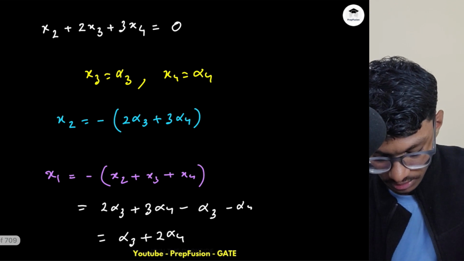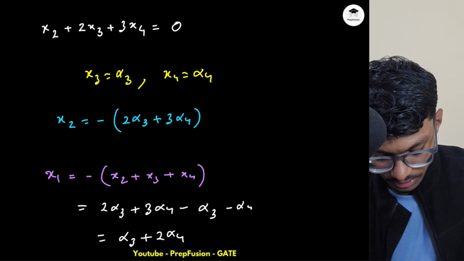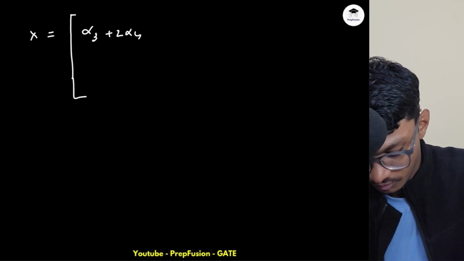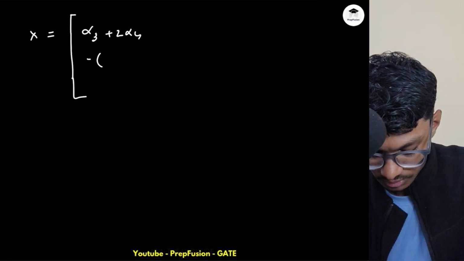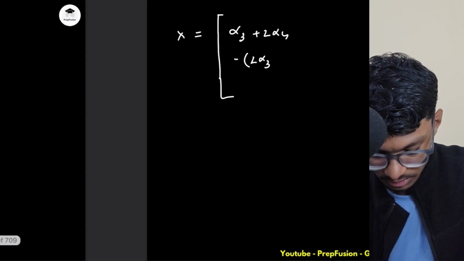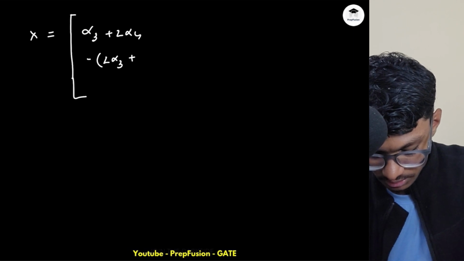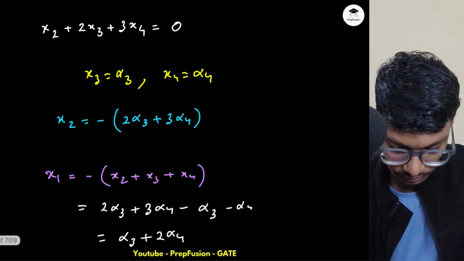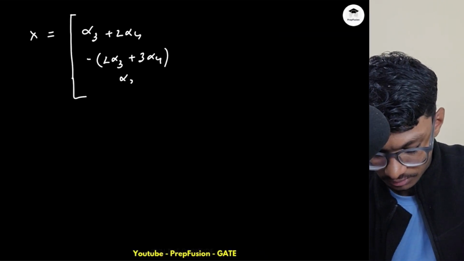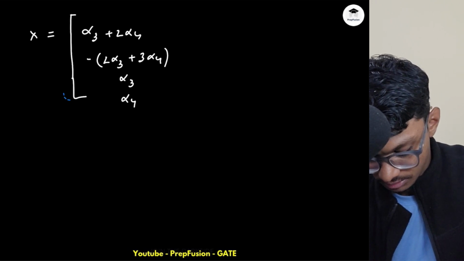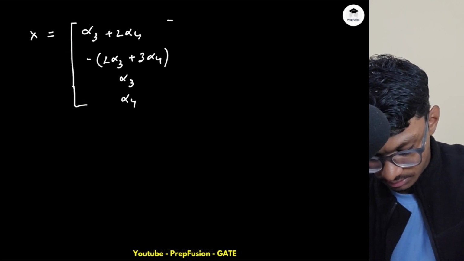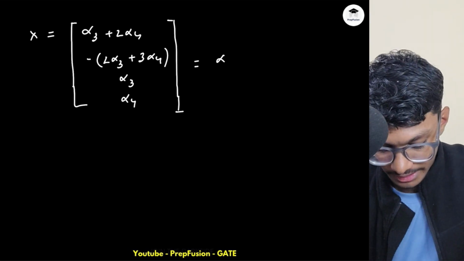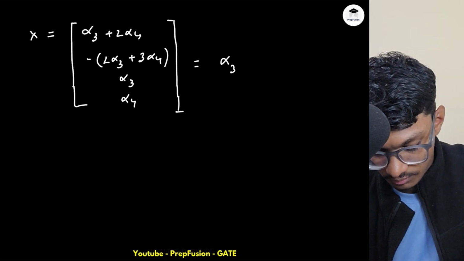So this will be simply, alpha 3 plus 2 alpha 4, and this is minus of 2 alpha 3 plus alpha 4, and this is alpha 3 and alpha 4. Okay, so how can I write this in terms of alpha 3 and alpha 4, right?